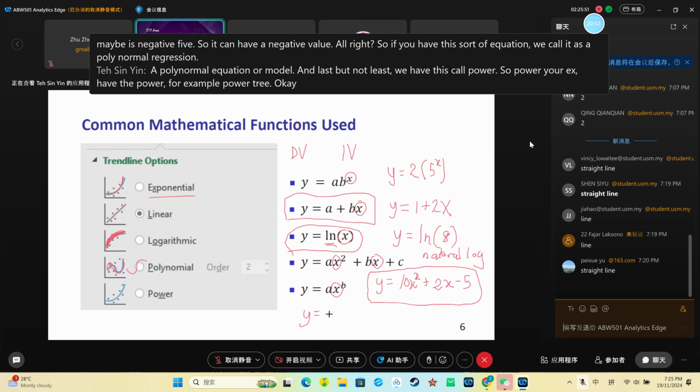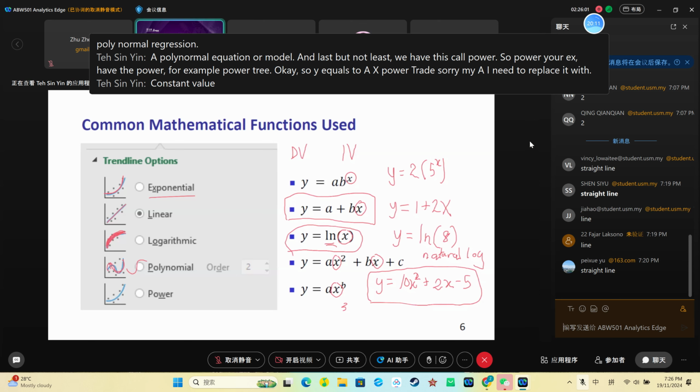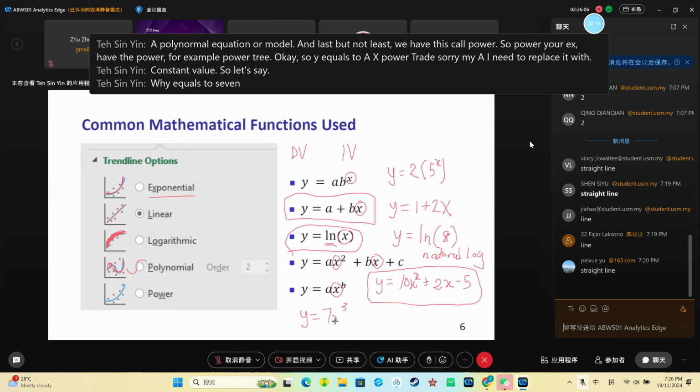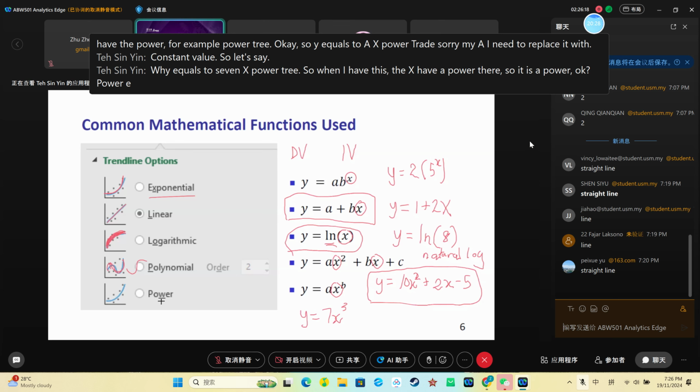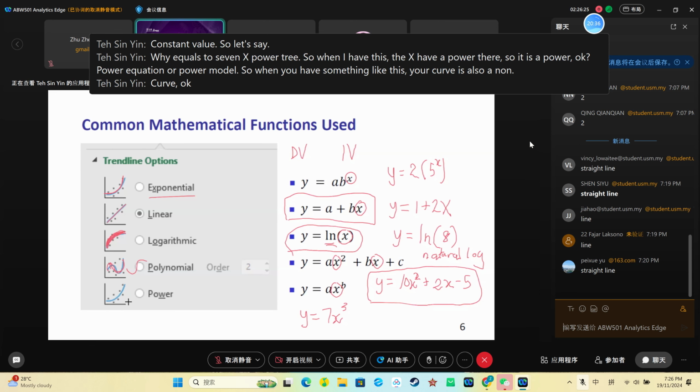So y equals 7x power 3. When I have this, the x has a power, so it is a power equation or power model. Your curve is also a non-linear curve.